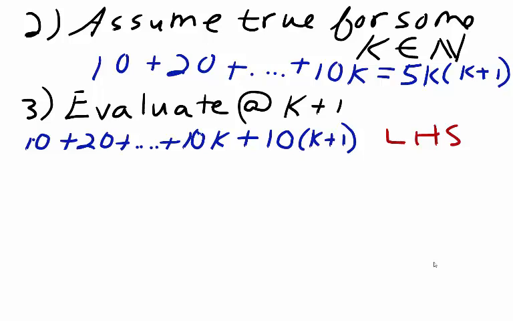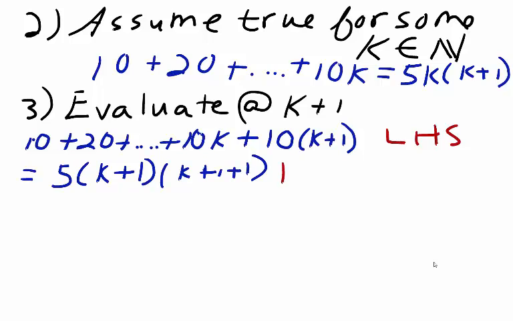We set this equal to our right-hand side, which we write as follows: 5 times k plus 1 times k plus 1 plus 1.